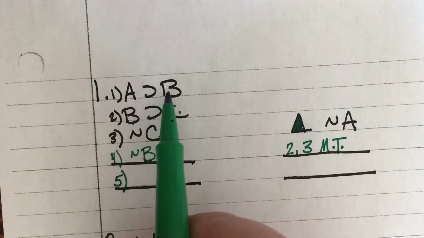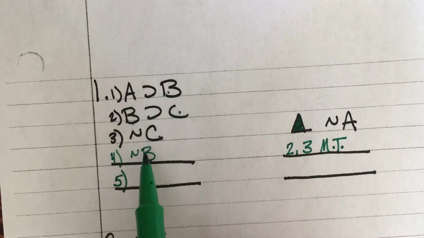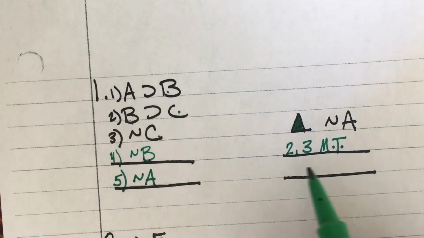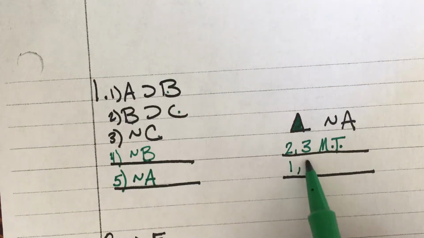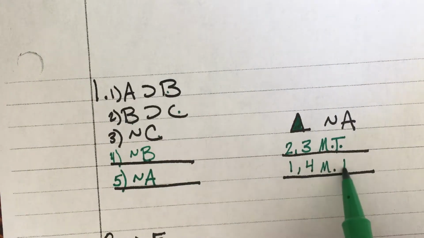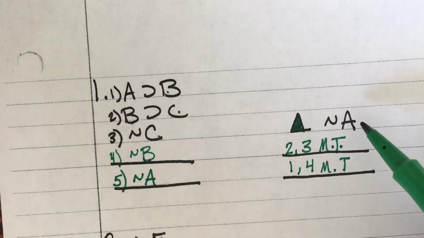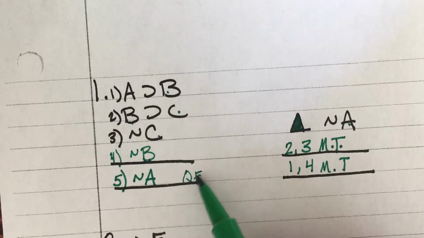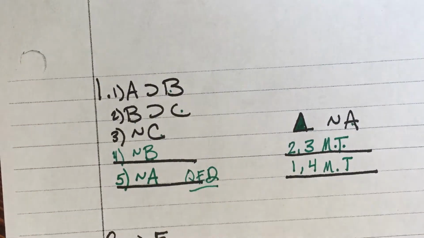If A, then B, not B, therefore not A. And so that time we did 1, 4 modus tollens. And now we've gotten the thing we were asked to prove, so we get to be slightly prideful and very excited that we're actually finished, okay?